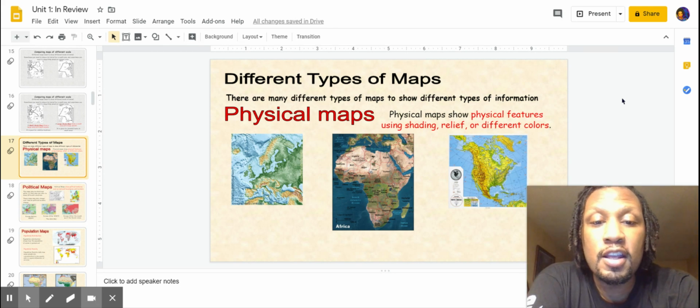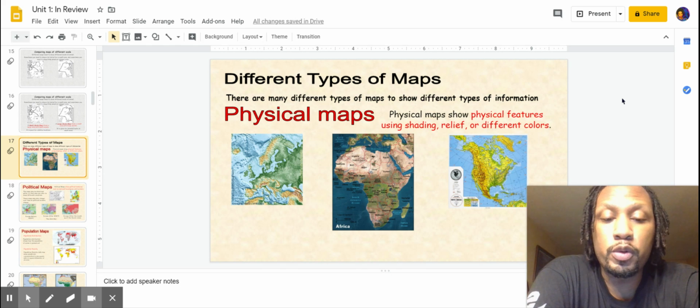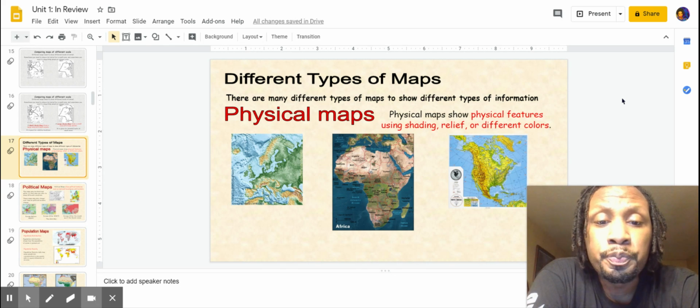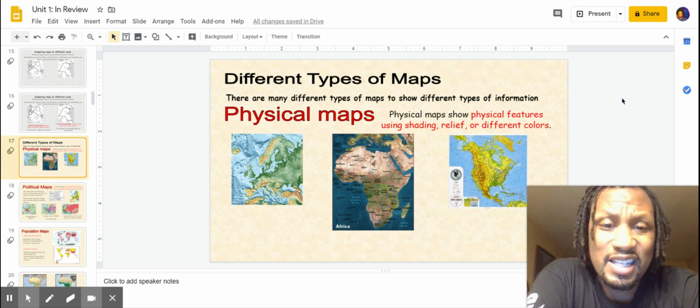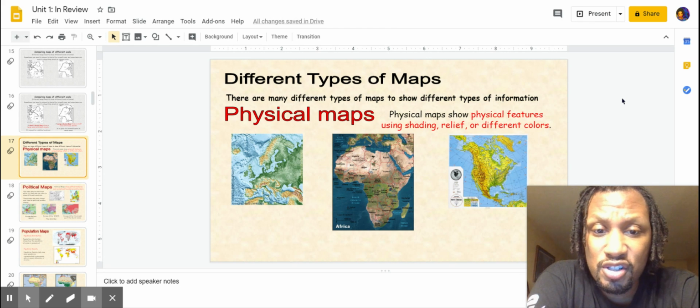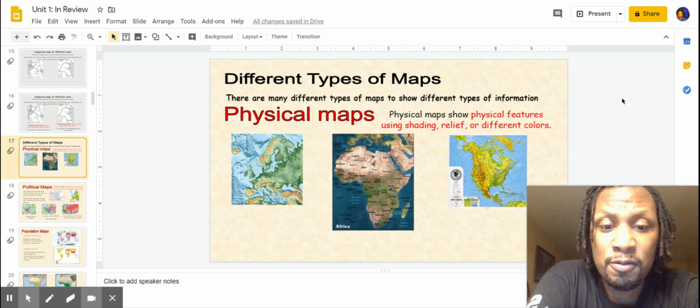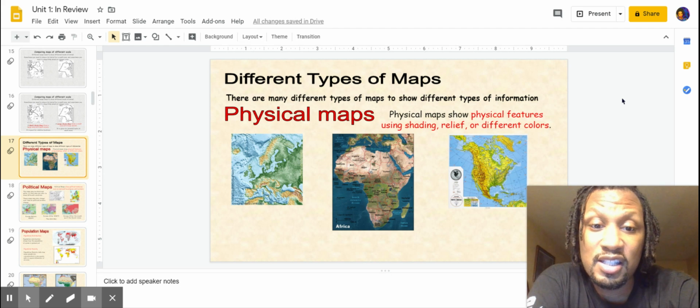Okay. In the second map, which is basically a map of Africa, what I see here is I see deserts. I see forest. I see a savanna. I see steppe. Also the Serengeti, which is basically grassland.